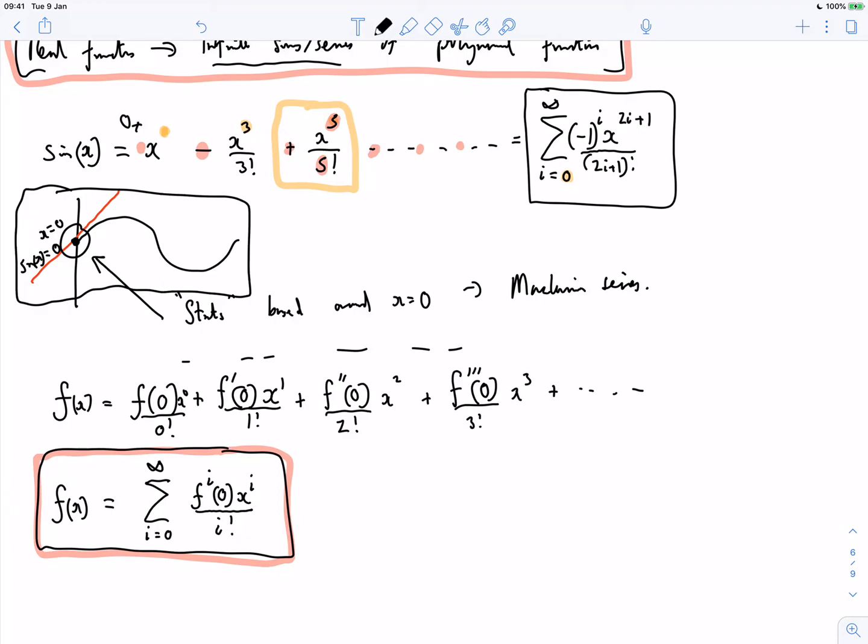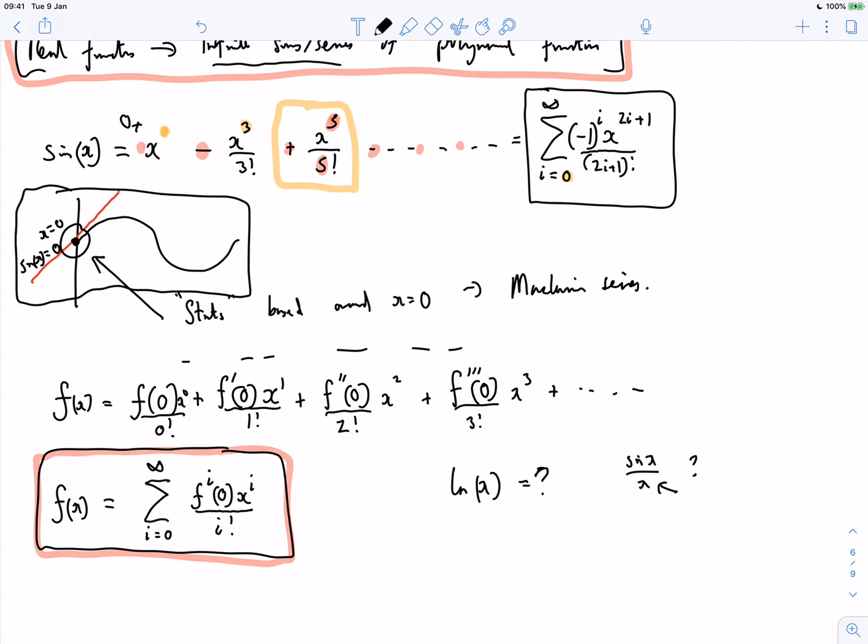What if it doesn't? So, for example, what about ln of x, the natural log of x? That doesn't work about 0. That's not going to work. What about sine of x over x? If I plug a 0 in there, that's not going to work either. And yeah, generally speaking, not great.